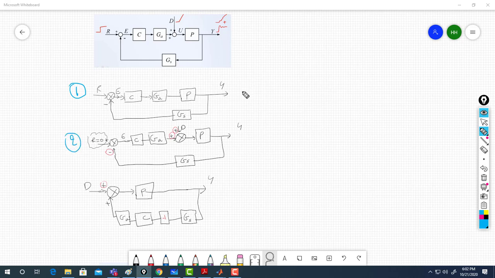I try to find y for each of the cases, then later I do superposition. So this will give me y1 and this will give me y2, and later y will be equal to y1 plus y2. That's the superposition theorem applied to a linear system.